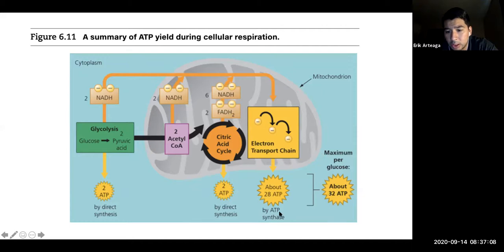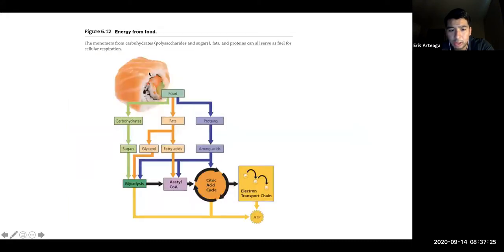Again, the majority of our ATP is made through the ATP synthase, which is 28 ATPs, which is way more efficient than glycolysis itself. Okay, so just know that as well. The mitochondria being present and utilized is going to give you the majority of your ATP. All right, so here's a nice little graphic showing you how different types of foods can be converted into energy.